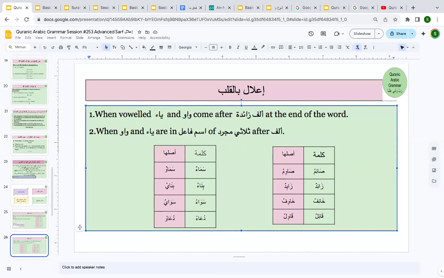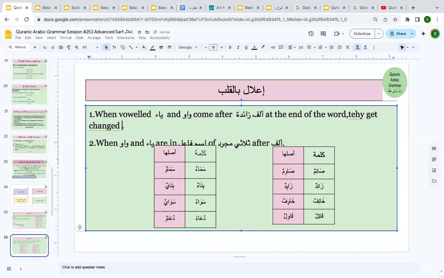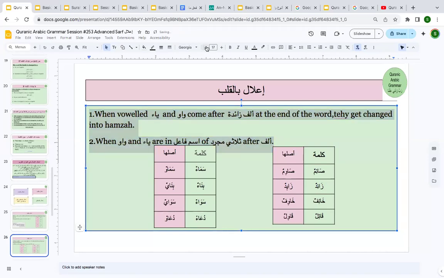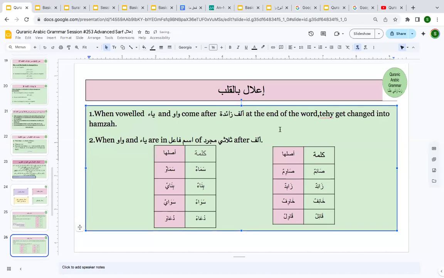They get changed into hamza. Easy? Is this clear? If you find your waw and ya after alif zaida, it's going to change into hamza.